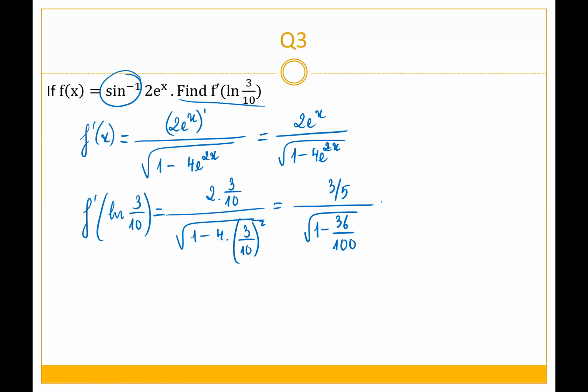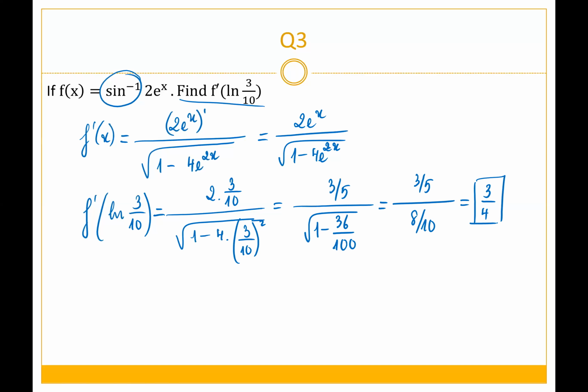The thing inside the square root is 64 over 100, and taking the square root gives 8 over 10, which is also 4 over 5. And so we end up having 3 over 4.